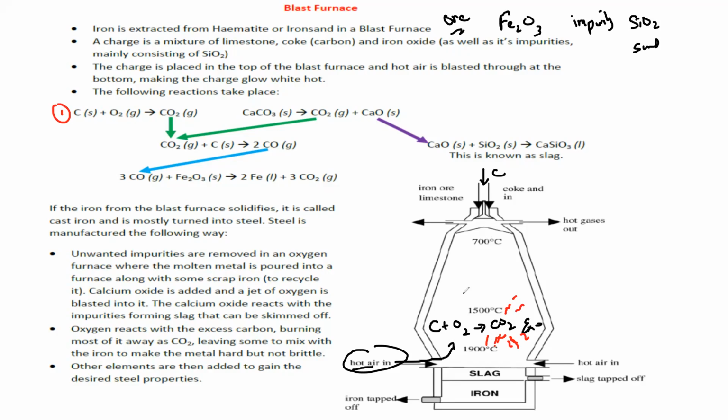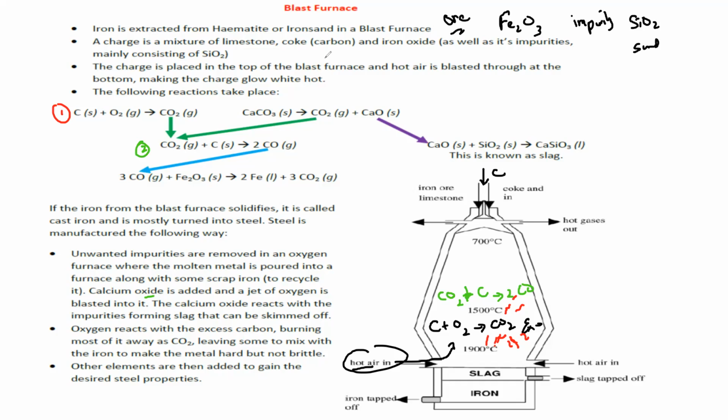Then the carbon dioxide which is produced in the first reaction reacts with more carbon, because we are continuously adding carbon from the top. So carbon dioxide further reacts with carbon to form carbon monoxide. This is the second reaction. How is carbon monoxide produced?